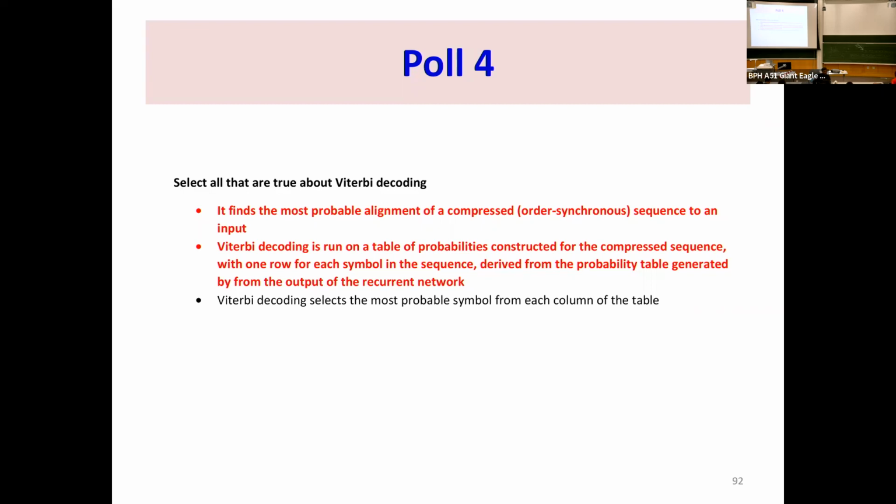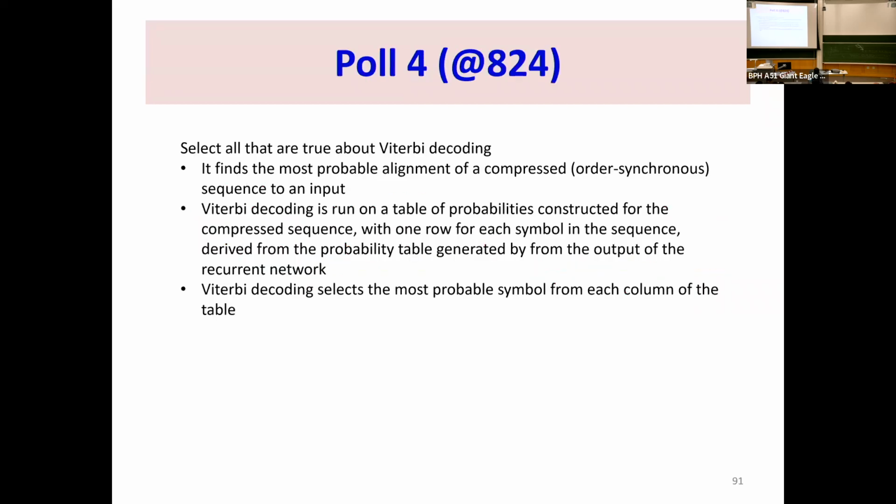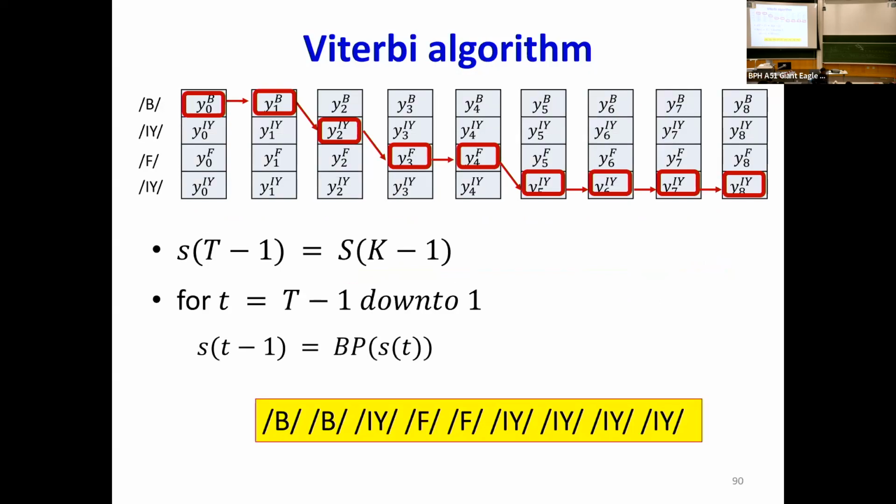For the second option, how is the table of the compressed sequence? If you look at the rows, what is at the left? That's the compressed symbol sequence that you have been given as your training label sequence. If I go from, let's say, B, the compressed sequence is just B. So every path through this is guaranteed to compress to it.